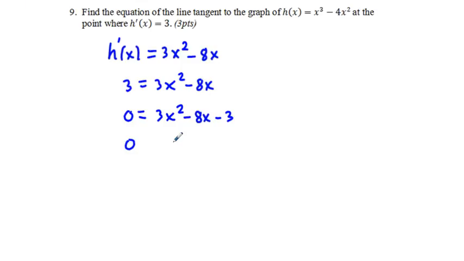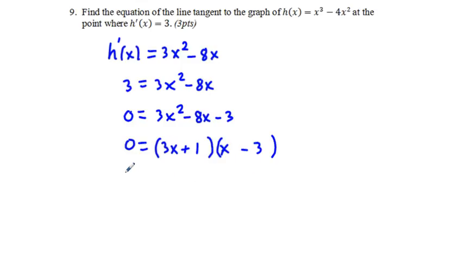In factoring, we have 3x and x. And then we're looking for the factors of -3 which will make all this add up. So I believe if we take -3 over here and put +1 on the left factor, we're going to end up with -9x.